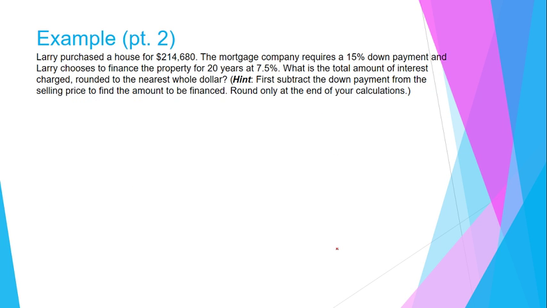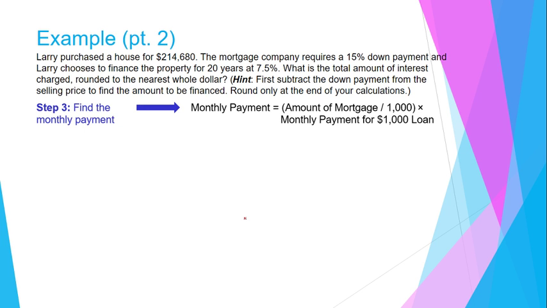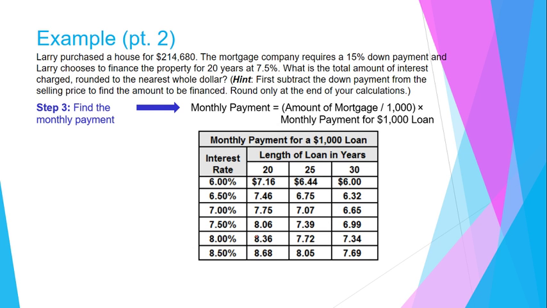Next, we need to find the monthly payment based on the APR and how long Larry is choosing the loan for. So remember the formula: monthly payment is equal to the amount of the mortgage divided by 1,000, times the monthly payment for a $1,000 loan. Here's the table that's given to you. We need to find 20 years at 7.5% interest.